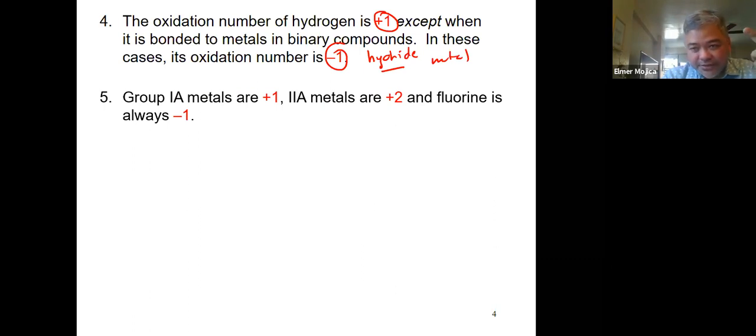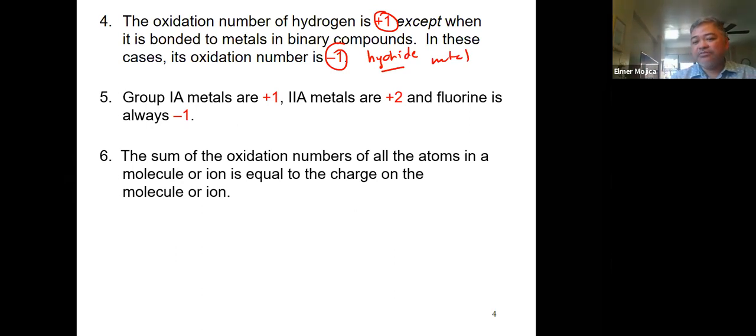And fluorine that will serve as anion, which is group 7, you subtract it from 8, you get a -1. The same thing with oxygen: when it serves as anion, it's in group 6, you subtract it from 8, you have a -2.